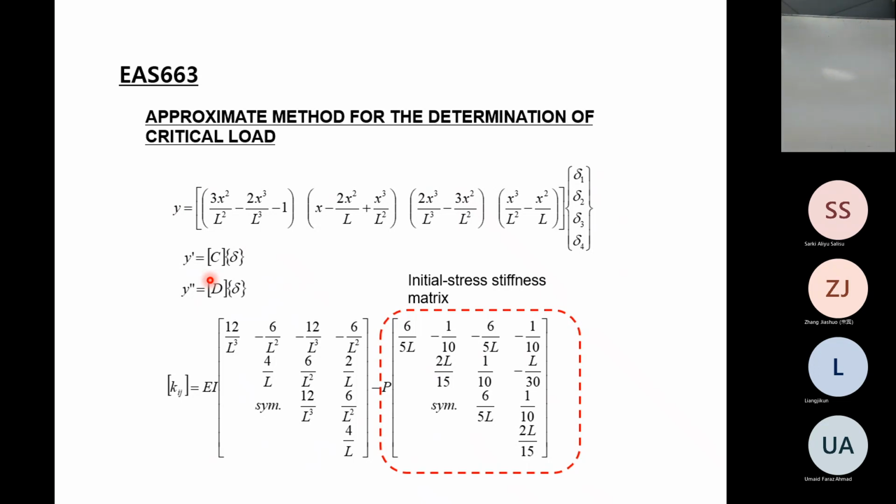So this matrix that I show you here can be used to analyze a beam column, which means there are parts which account for the effect of force causing bending. This is a conventional stiffness matrix for bending, and this accounts for the axial force acting. So this can be used for a beam column.